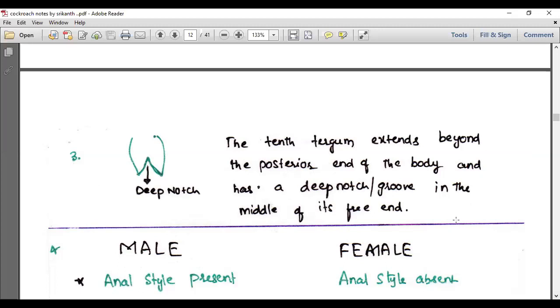The 10th tergum extends beyond the posterior end of the body and has a deep notch or groove in the middle of its free end. You can see it in the diagram. It is the same in both male and female. Whenever we draw the diagram of the cockroach, we draw the abdominal region like this, isn't it? That is the deep notch.